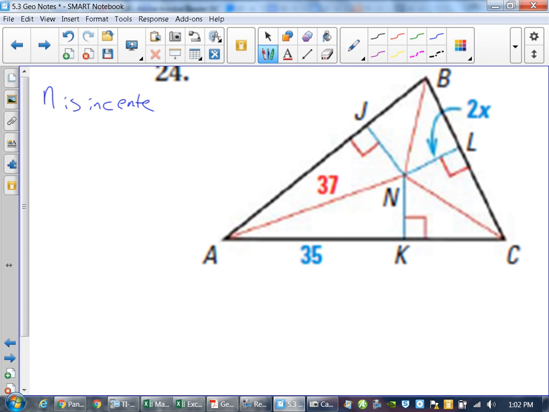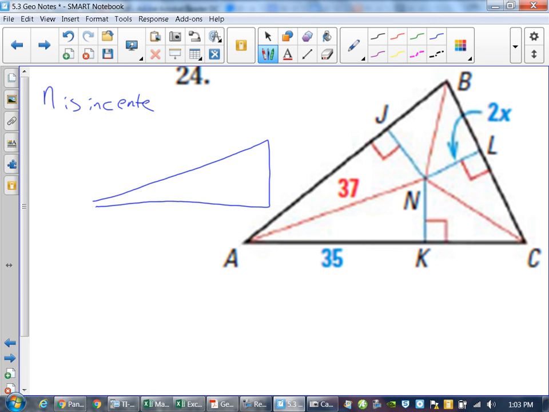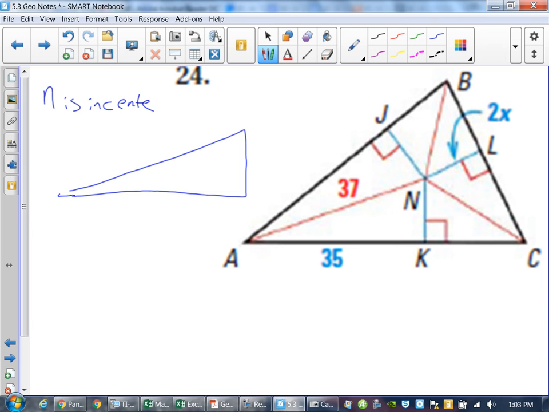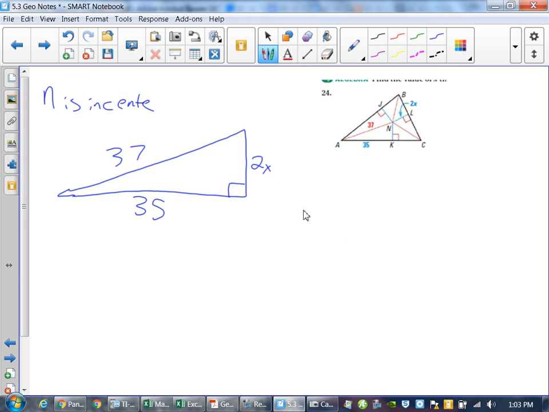So if I look at it, we have this triangle to work with: a 37, 35, and a 2x. Are we okay with that? All I did was move it around so that all those blue verticals were the same. I still can use Pythagorean theorem here.